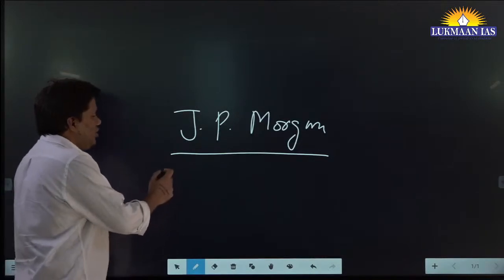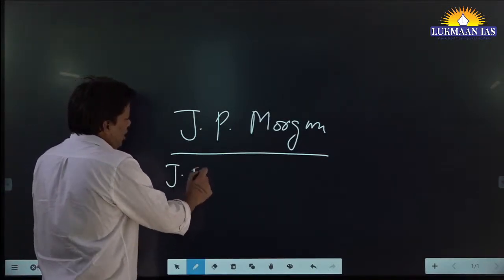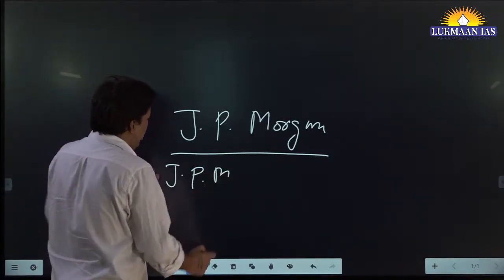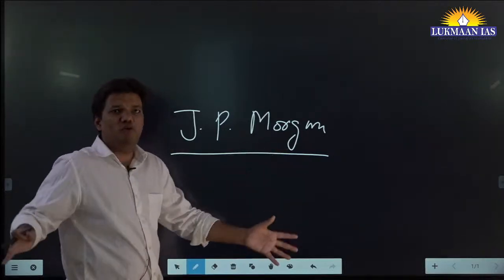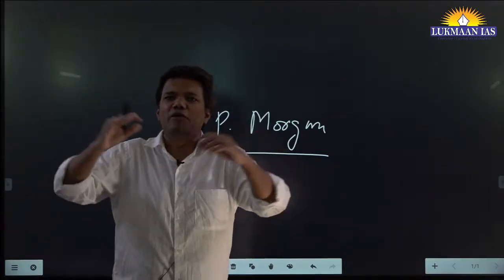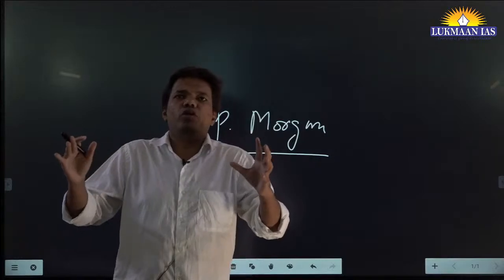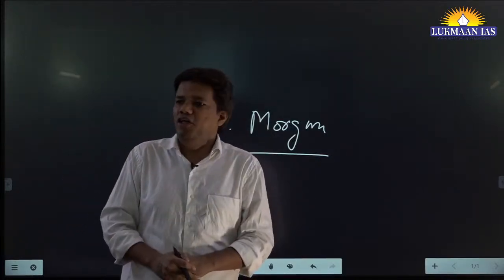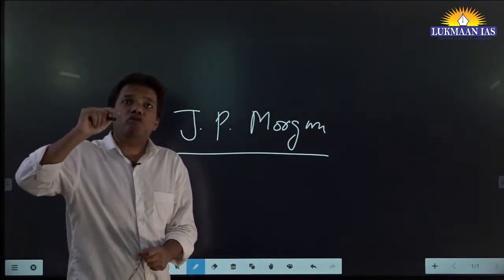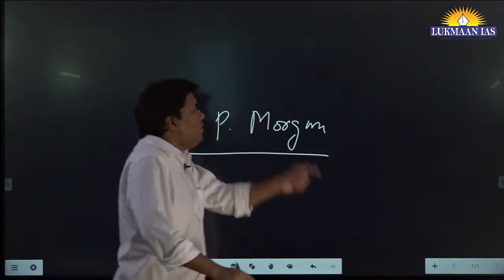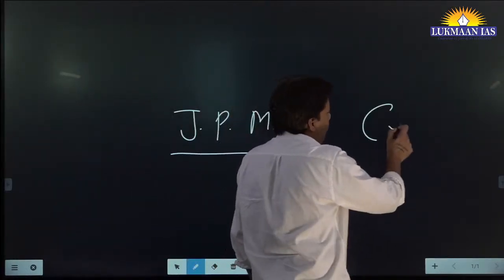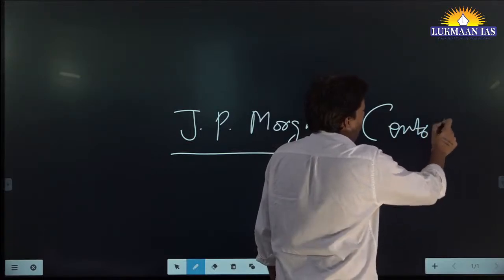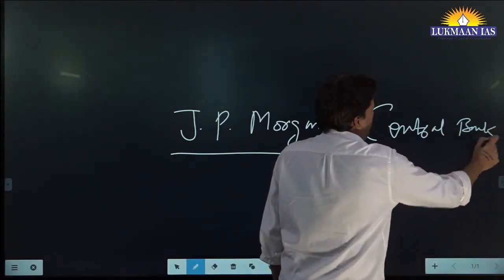What is this story? JP Morgan, in his study, in his room, locked up 5-7 most influential financial managers of the US, and he said, I'm not going to release you till you establish the central bank of the US. Central bank means the Federal Reserve.